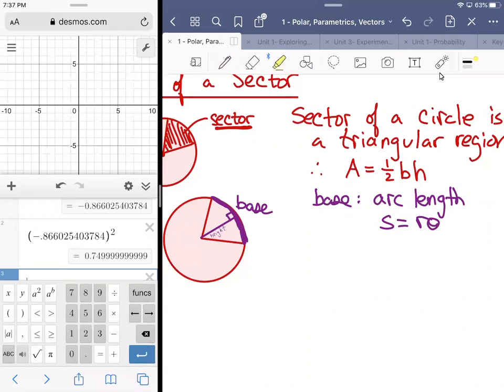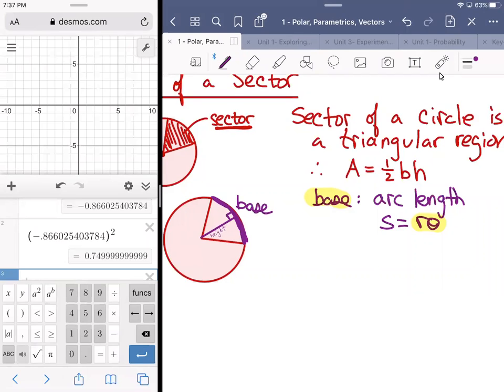So that base, we're going to call R theta. All right, it's dependent on the value of theta. You may remember this formula as the origin story behind the circumference formula, because if I put in a 2 pi for theta, I get 2 pi r, which is the circumference formula.